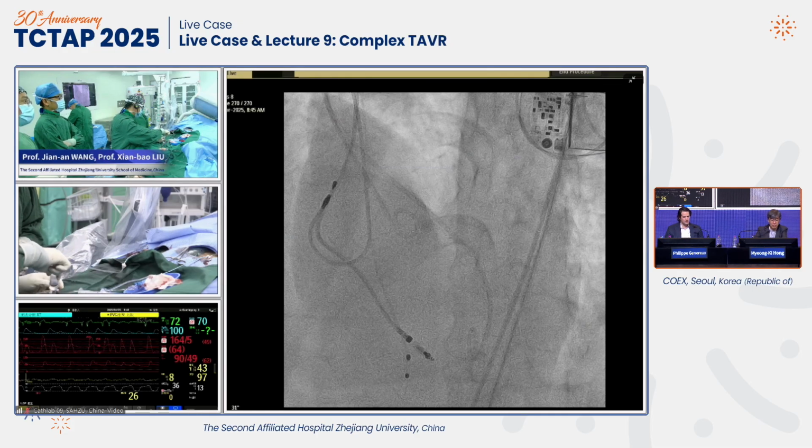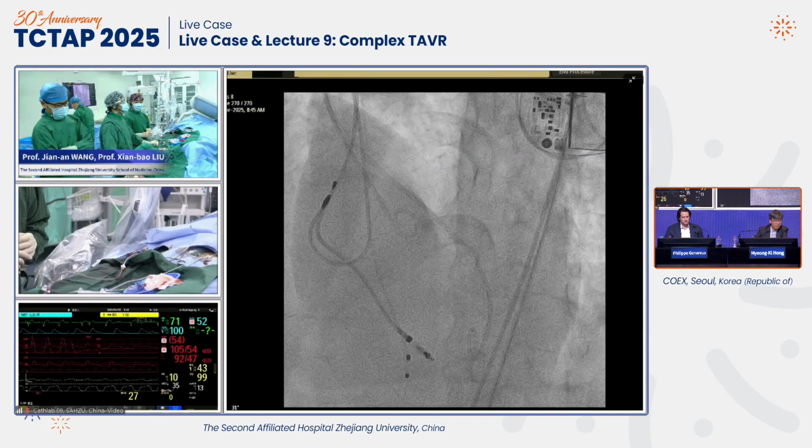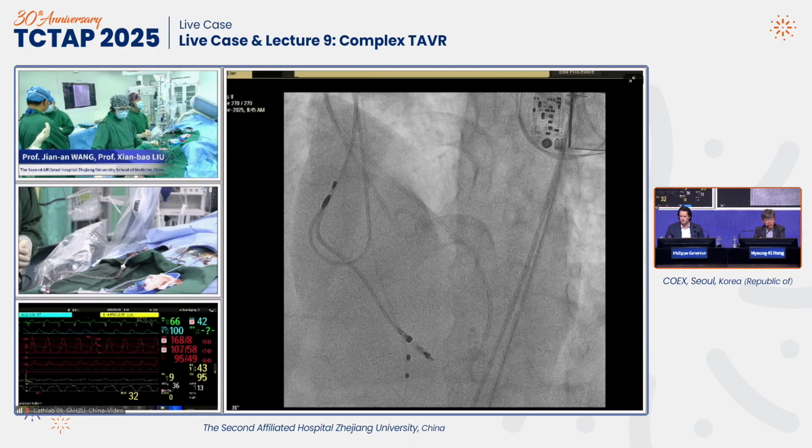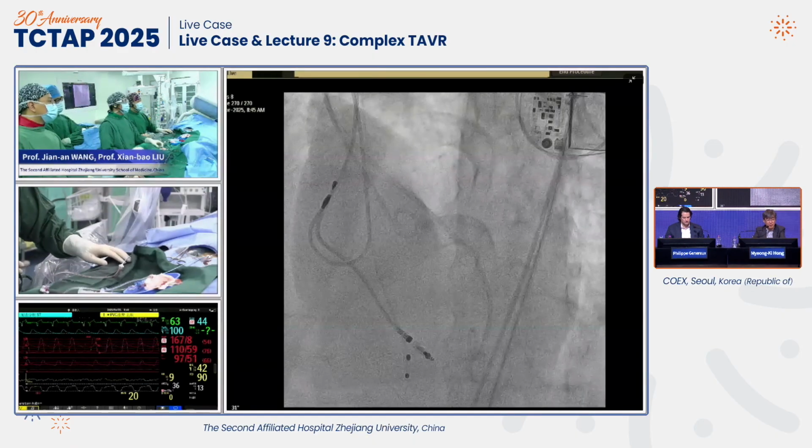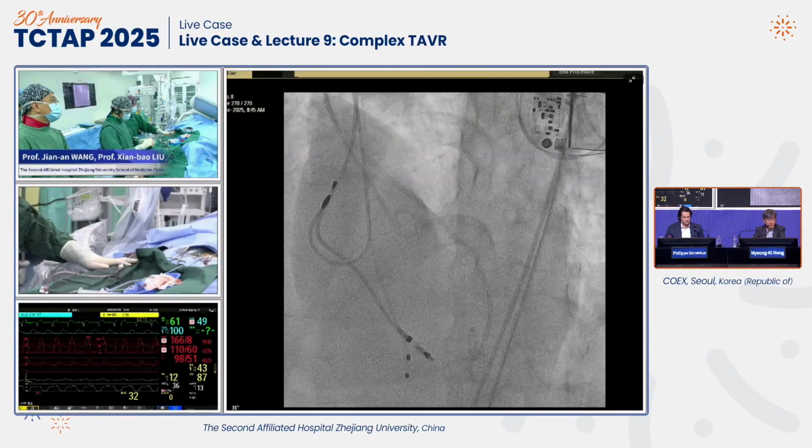Perfect. And you're going to use the pacemaker of the patient to rapid pace, or you're going to use the LV pacing? So we will use regular rapid pacing, not the LV. You mean the wire-based pacing in the LV? No, the pacemaker of the patient.